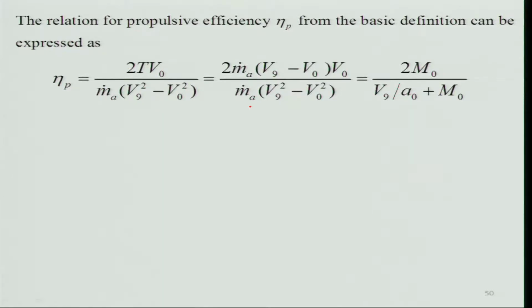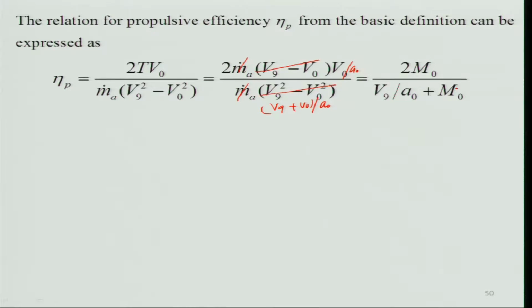If I just write in place of thrust this expression, m dot A into (V9 minus V0), you will see that I can cancel it out, and I will get V9 plus V0, right? If I divide it by A0 square here, and similarly A0 square here, I will get 2 times Mach number divided by V9 by V0 plus M0.